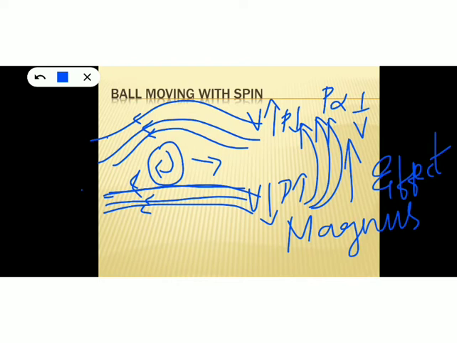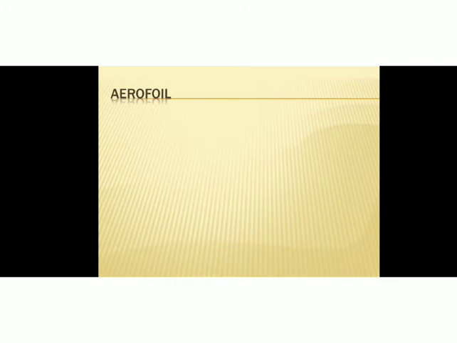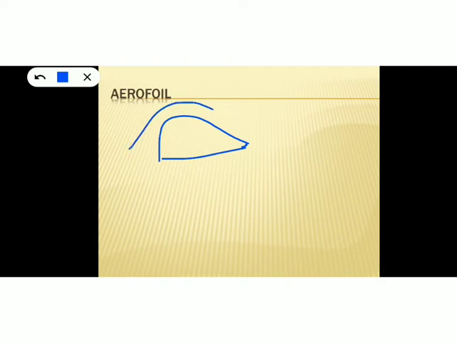Now, next we can discuss the case of an aerofoil. It has the shape of a bird's wing, like this. Whenever an aerofoil or any object having this particular shape moves through the fluid, the air particles above will follow a streamlined path like this.